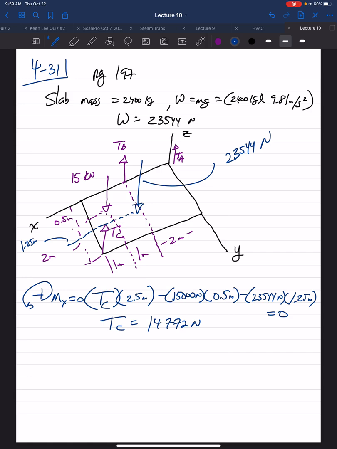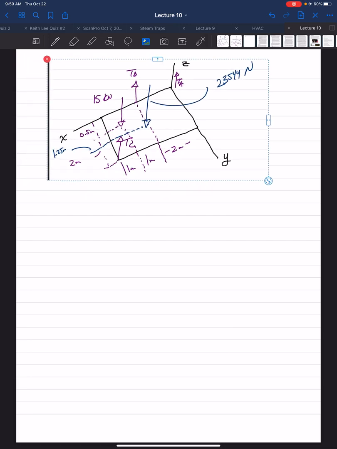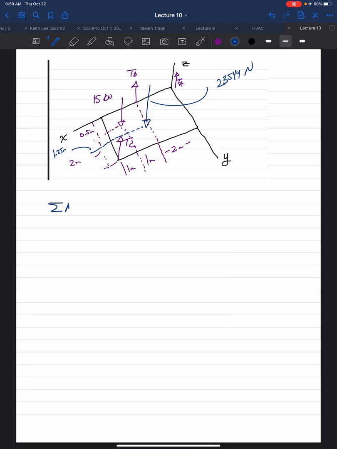Let's go to a clean page so we can continue working. All right, so we solved for TC. Let's take the moments about the y-axis. This eliminates TA because TA is on the y-axis and allows us then to solve for TB, since we already now know TC.